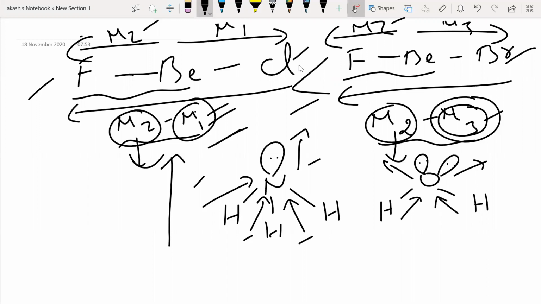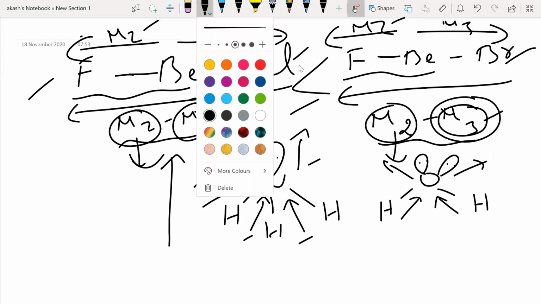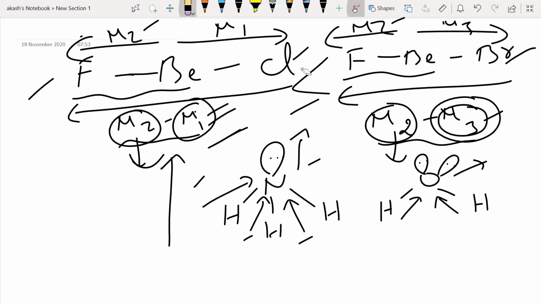When I talk about the lone pairs, if I change the color, maybe that will help. So this and this.